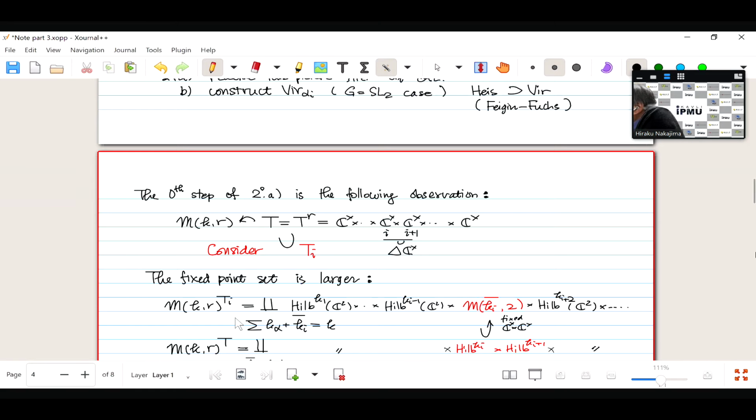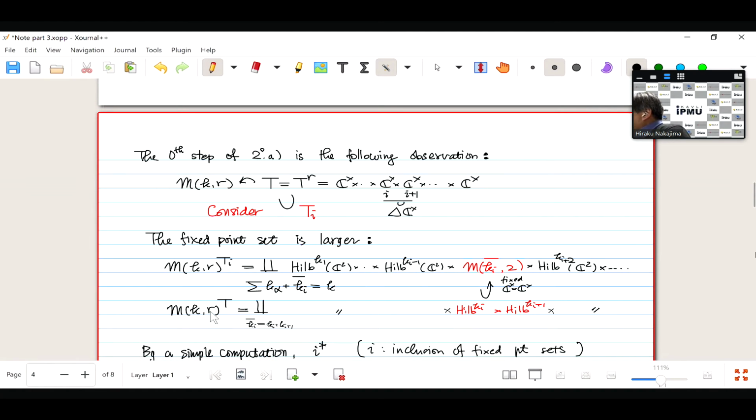So the fixed point set is again some product, and instead of all Hilbert schemes of points, what you get is one piece which corresponds to R equal 2. So we have R copies of Hilbert schemes of points, but the i-th and (i+1)-th factors, corresponding to this choice of torus, are replaced by this rank 2 moduli space.